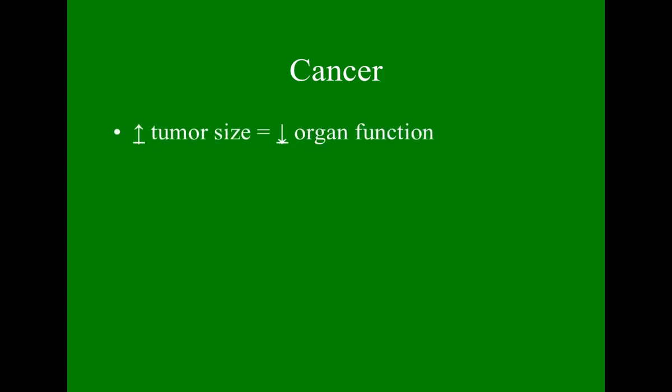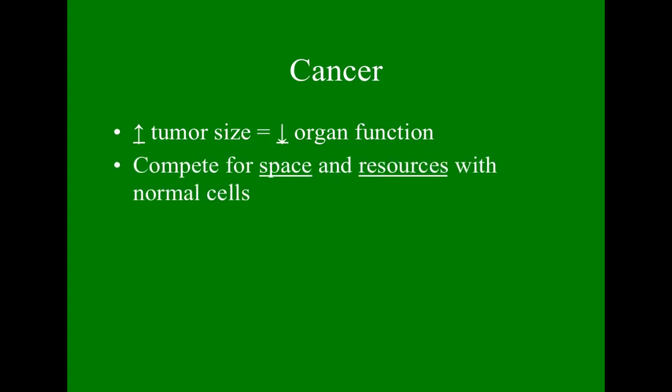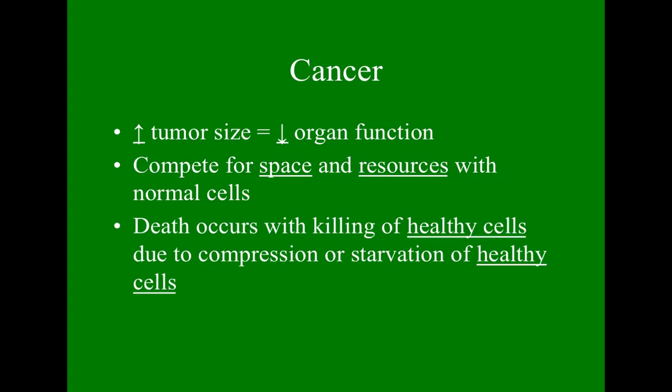As tumors grow in size, that can impair or decrease the functioning of the organs, because those tumors start to compete for both space and resources with the normal cells. So they literally physically crush them, or they starve them. So we get cell death because of this.